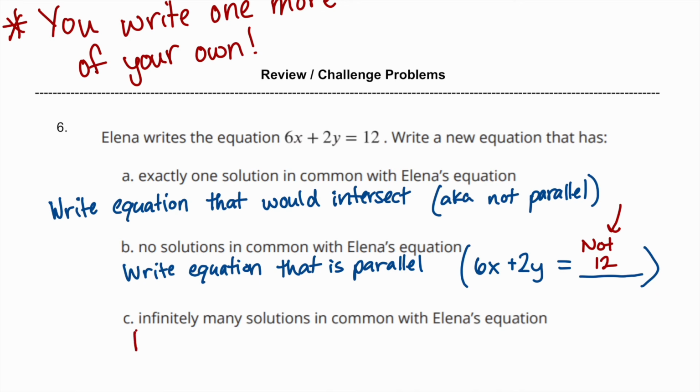I'm going to give you some instructions here in red. So multiply the equation by any number, but not by 0 and not by 1. By any number that's really going to change the value, but keep that slope the same.